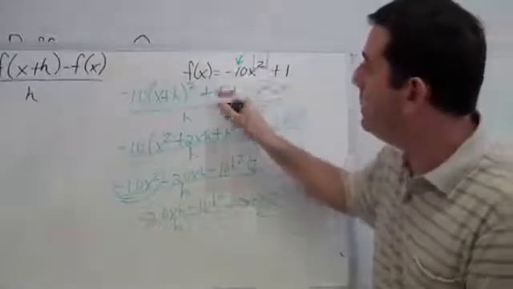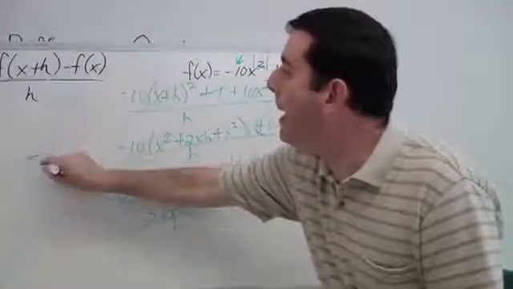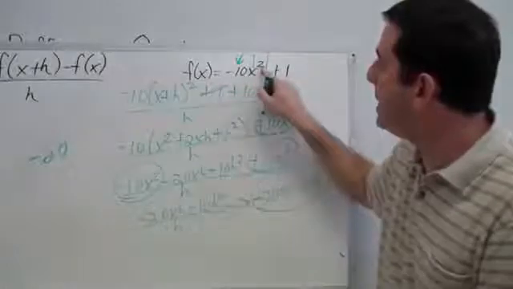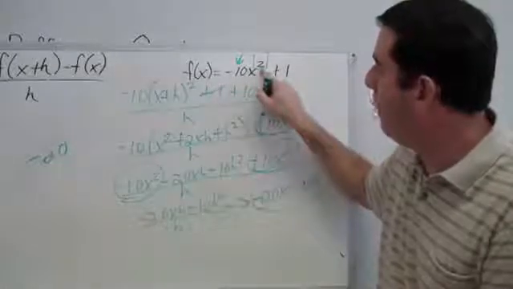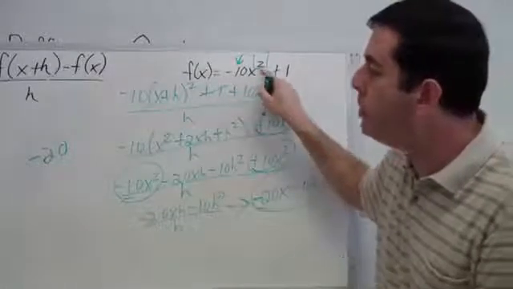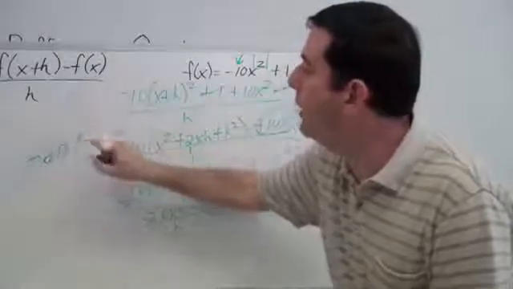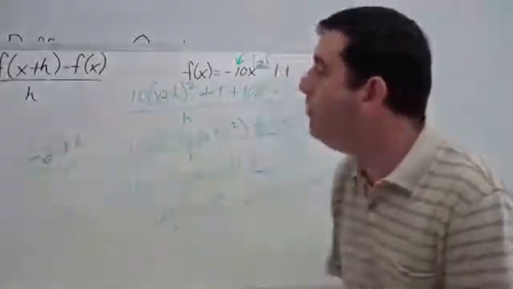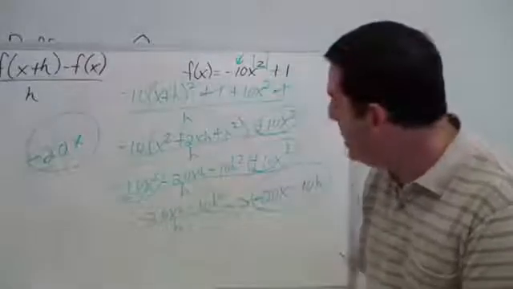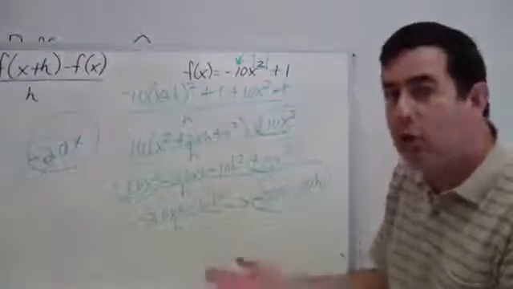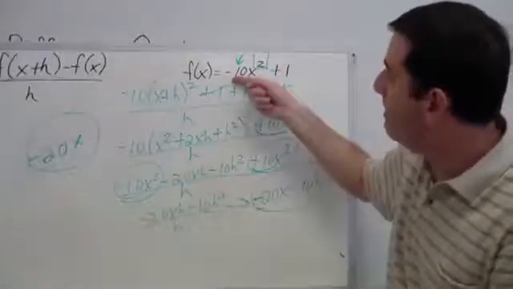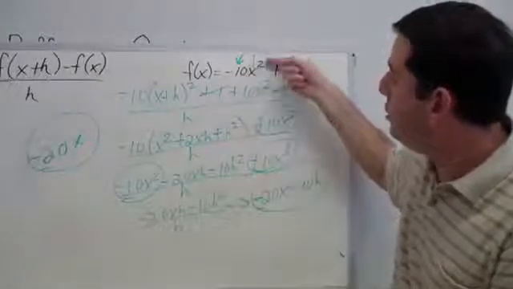So 2 times minus 10 would be minus 20. Now take the exponent and subtract 1 off. If you subtract 1 from 2, you would be left with an understood 1. The derivative won't give you the h part, but it does give you the part that's still got the variable attached. It's exponent times coefficient, subtract 1 off.